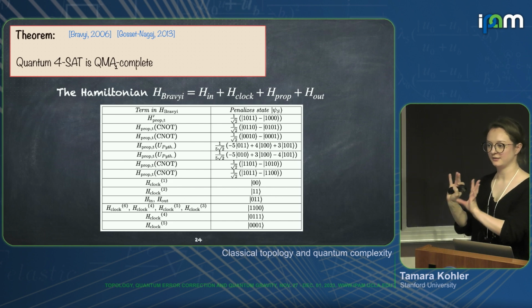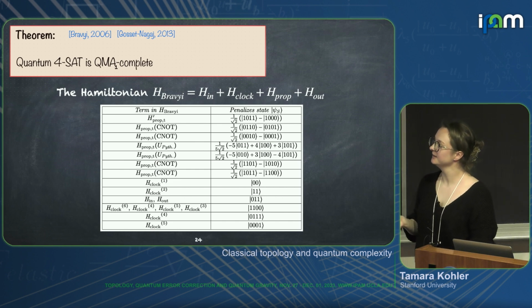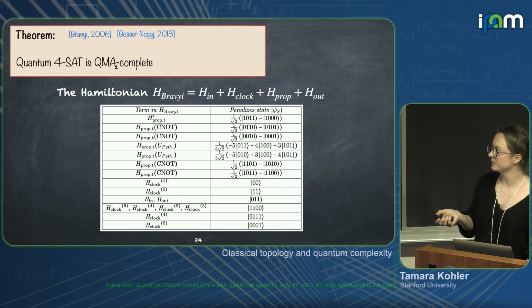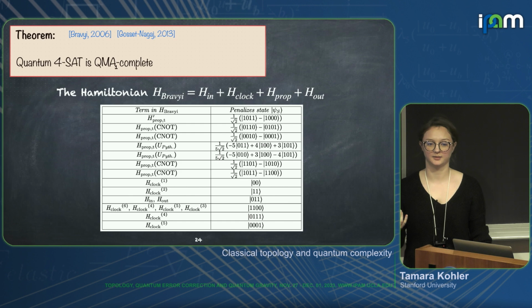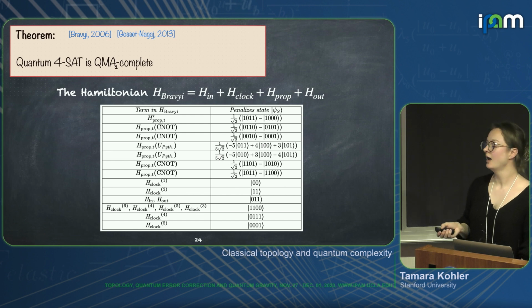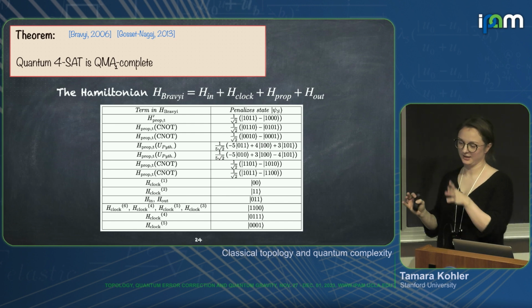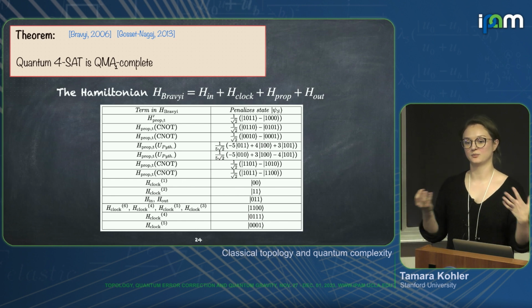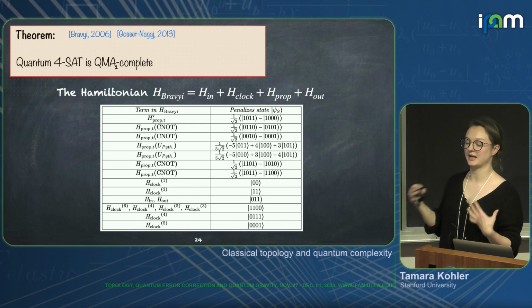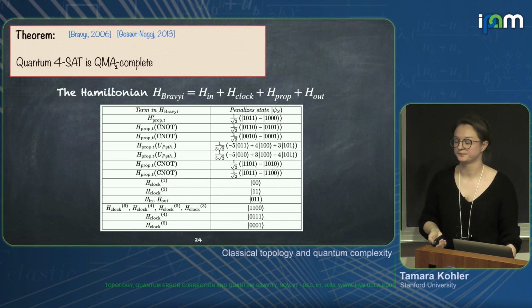Now, I'm not going to go through the construction in more detail, except to say that for any quantum circuit you give me, I can build this H Bravyi Hamiltonian out of just this set of Hamiltonian terms. These Hamiltonian terms correspond to different parts of this Hamiltonian. But the key takeaway here is that in the same way as you can build a quantum circuit from a finite set of gates, you can build this Bravyi Hamiltonian from a finite set of projectors.